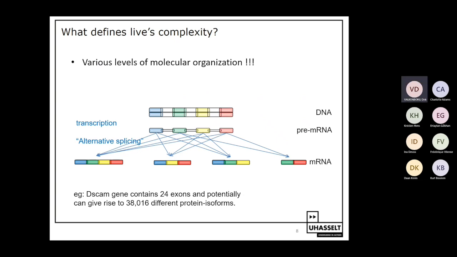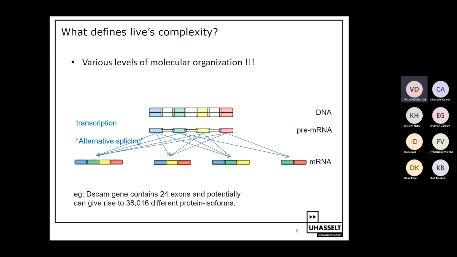And these mRNA molecules can undergo processing, and alternative splicing is one of these processing forms. From one simple DNA gene, we can have multiple mRNA molecules. So you can see here that we already have a combinatorial expansion of possibilities, and how one gene can result in multiple mRNA molecules, and these mRNA molecules in turn will be translated into proteins.